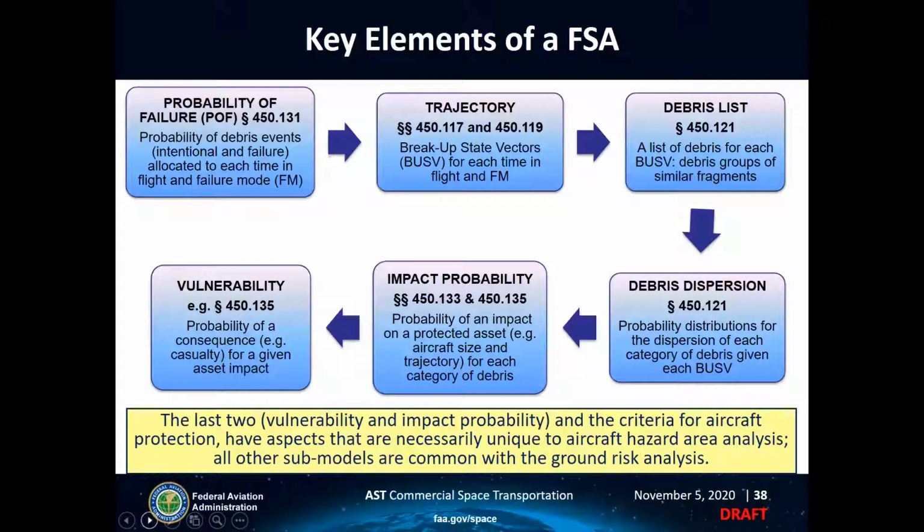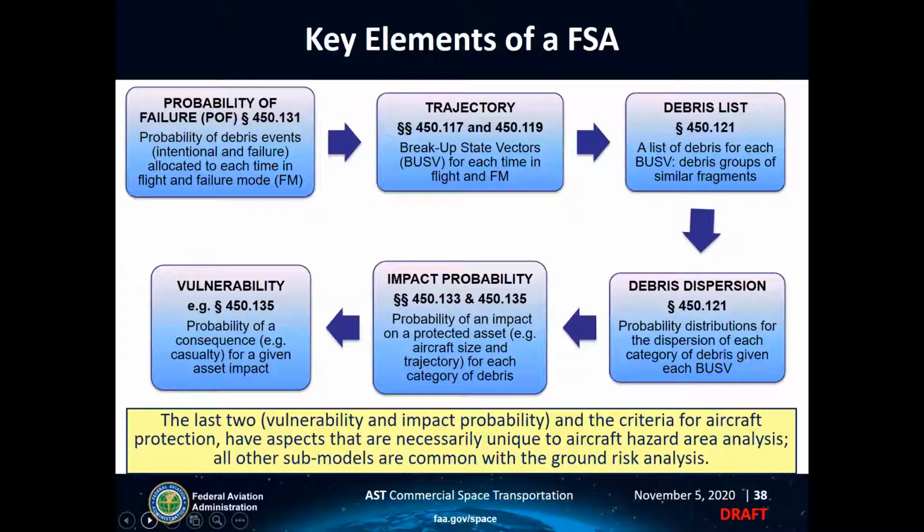The box on the upper right refers to the debris list or the debris analysis, as we call it in 450.121. So here, the object is to develop a quantitative description of the debris that would be generated, and that would likely be different if you had, for example, an on-trajectory explosion compared to an aerodynamic breakup or other sources of breakup.